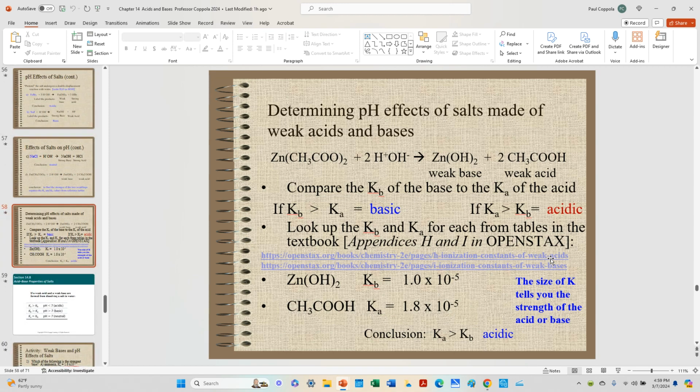In other words, you have a weak acid and a weak base. Well, you have to compare their K's. Whichever K is bigger, that'll be the one that wins out. So in this particular case, when I add this salt to water, I form a weak base and a weak acid, but the Ka is bigger, and so the resulting solution will be acidic.